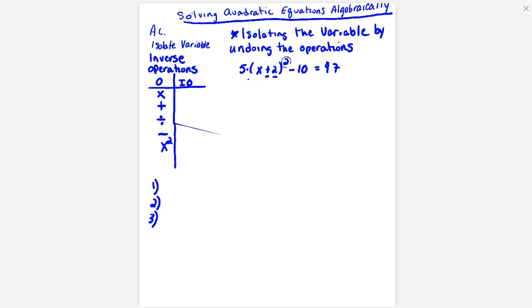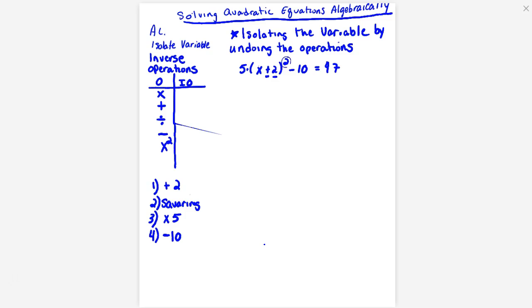And the fourth thing we're doing is we are subtracting 10. Okay, so let's start that again. We're taking a number, we are adding 2, then we are squaring it, then we are multiplying by 5, and then we are subtracting 10.